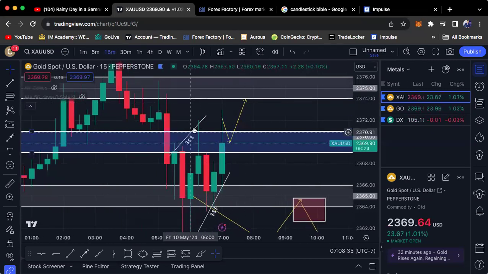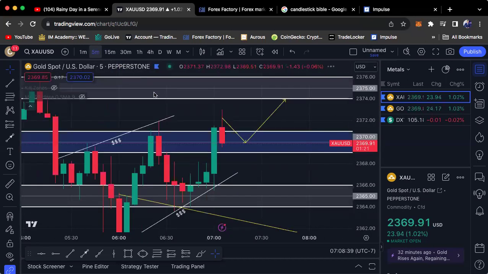And this can just be a liquidity sweep. Let's wait. Now sellers are coming in. It's retesting the zone here. But let's see if it's going to maintain the zone.